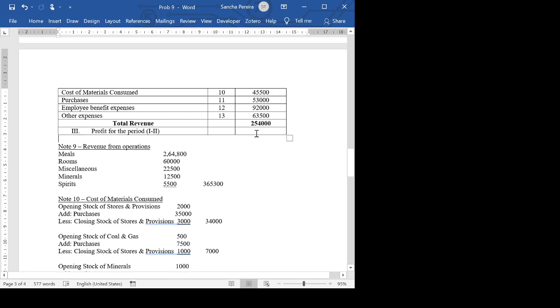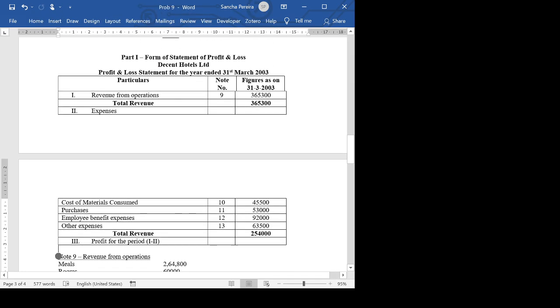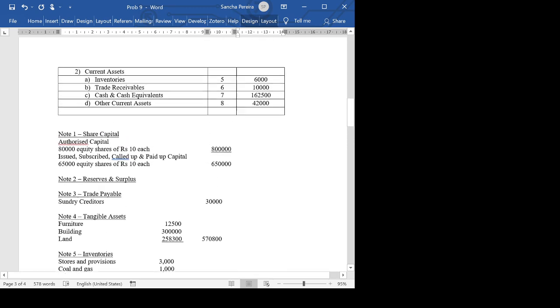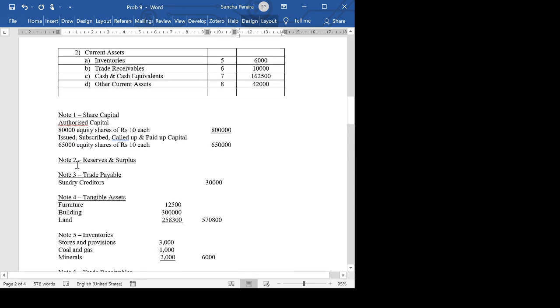So the total income is 3,65,300 minus 2,54,000, which comes to 1,11,300. And this 1,11,300 we have to transfer to our reserves and surplus.